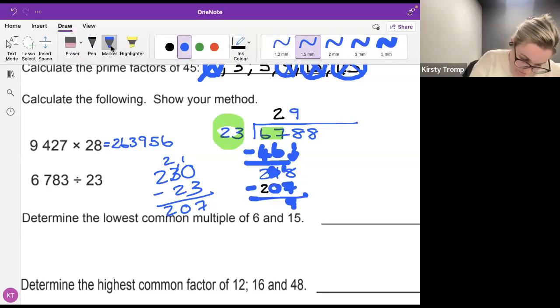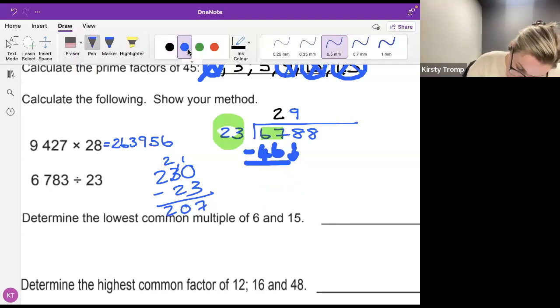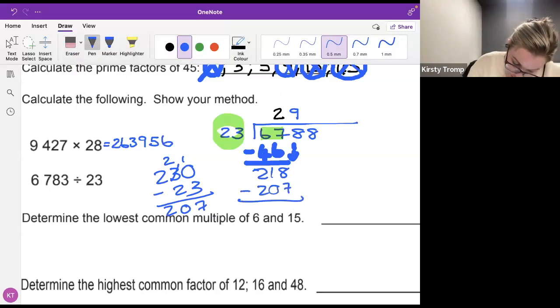So let's go back a little bit. So we had 218 here. We said that this was 207. We're going to subtract. So this gives us 1. This gives us 1. And we're going to bring down the 8.